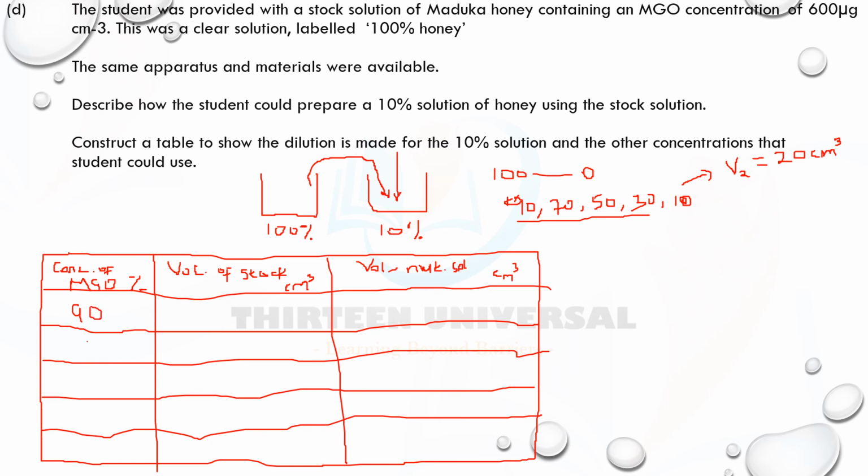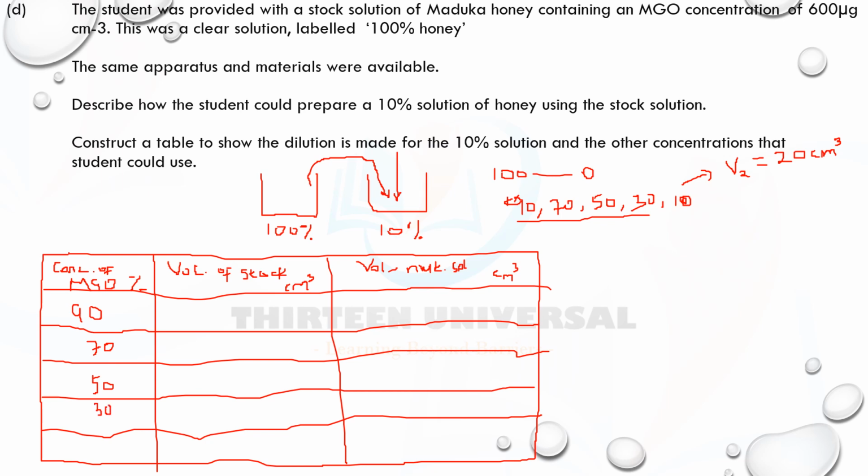We have 70. Now you can choose to start from 80, but make sure the interval runs the same down: 80, 60. So I'm doing 90, 70, 50, or you can do 80, 60, 40, 20. Now this is going to be 30.